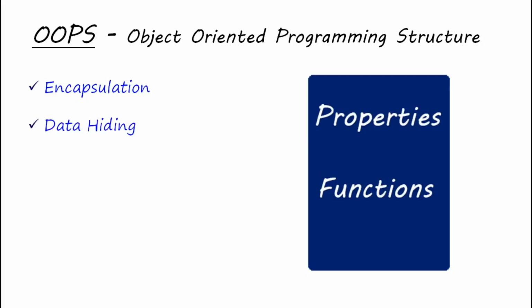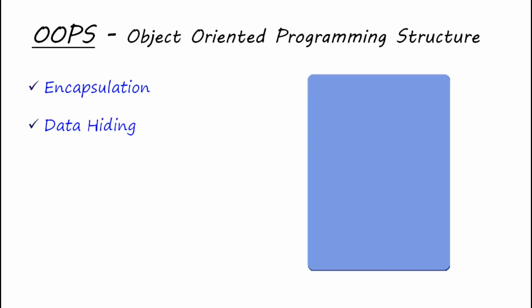Next is data hiding. Now in object oriented programming, you keep your data hidden from the outside world to prevent unauthorized access. So object oriented programming is quite safe. Next is abstraction. Now think about it. If you hide your data from the outside world, what is the utility of your data?